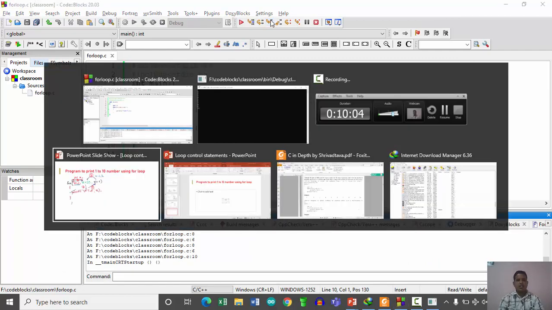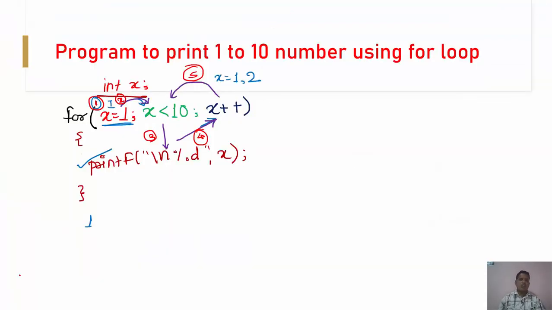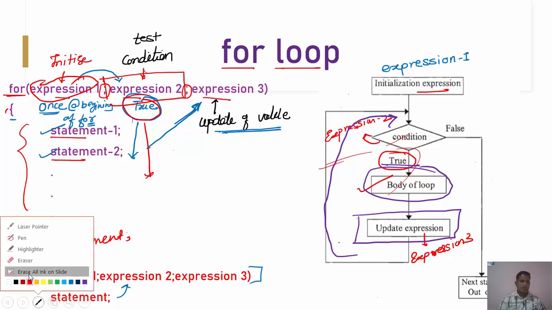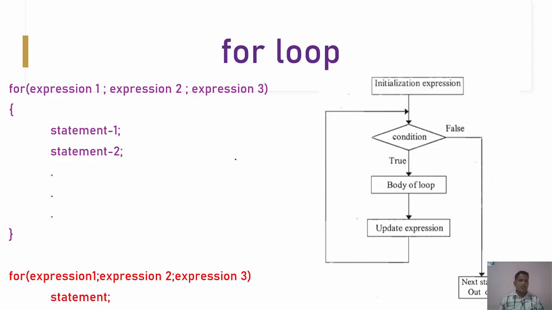So the simple thing that needs to be remembered is the way in which the syntax is defined. Right, this is expression 1 as mentioned here. Expression 1, expression 2, expression 3.